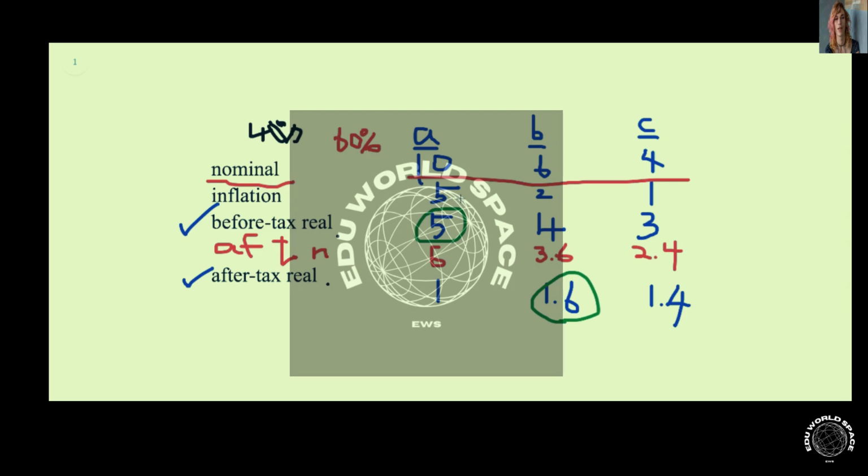So it is possible that in question A, we have the highest real interest rate. But in reality, in the after-tax scenario, question B gives us a better outcome at the end.